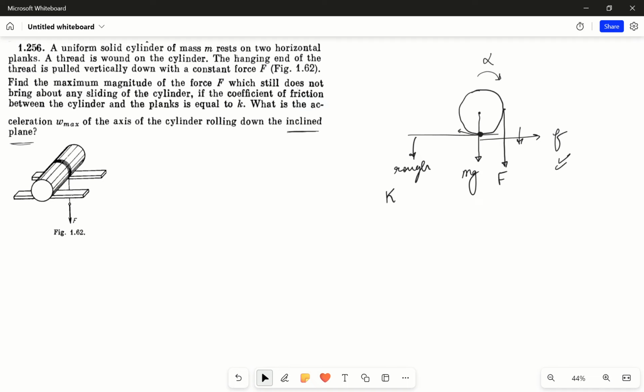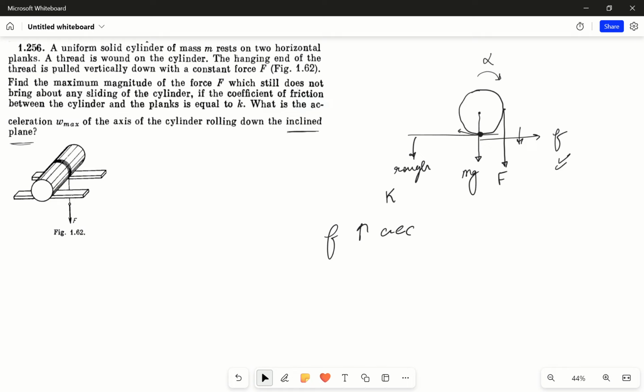So what will happen if the force is increased above the maximum force that we're talking about? In that case, friction won't be able to increase the linear acceleration of the cylinder, but the force that we are exerting through the string would be increasing the angular acceleration, right?